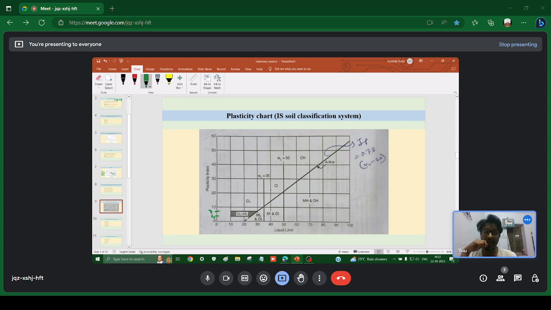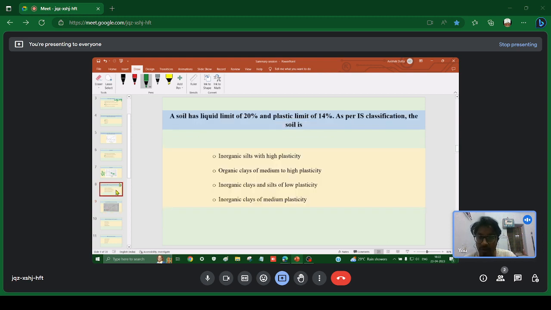And there is a thin range over here, the shaded portion that we can see, CL-ML, between 4 and 7 of plasticity index. It has clay and silt of low plasticity, and both will be inorganic since it is above the A line. Now, what we have over here is liquid limit of 20% and plastic limit of 14%.